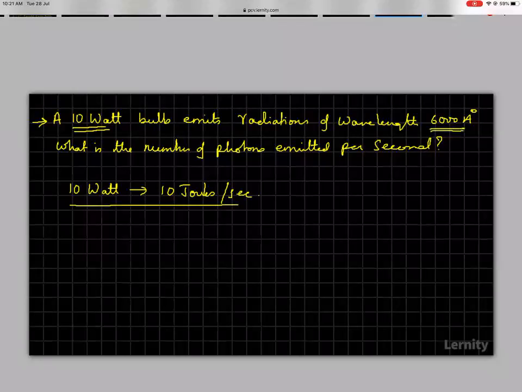So one photon has how much energy? hc by lambda. That is 6.6 into 10 power minus 34 into c, 3 into 10 power 8 divided by lambda. Lambda is 6000 into 10 power minus 10 meters, right?